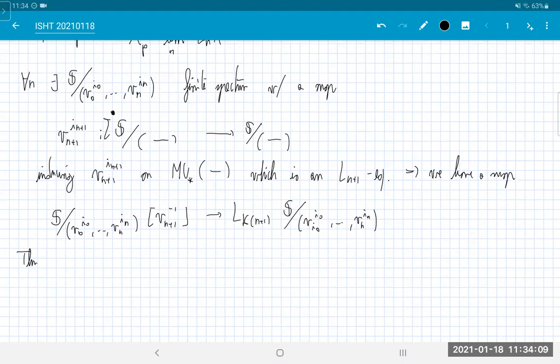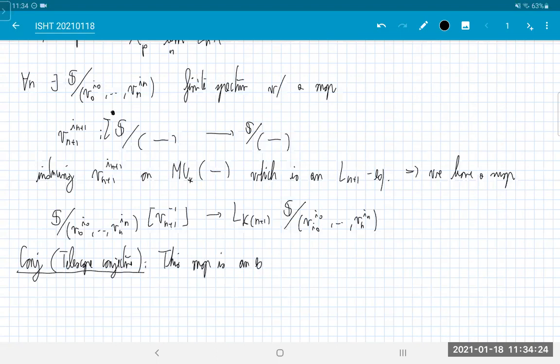And the theorem, sorry, not the theorem, the conjecture, which is called the telescope conjecture, says this map is an equivalence. And this conjecture has a very rich history. It has been both proven and disproven in the literature at least a couple of times.